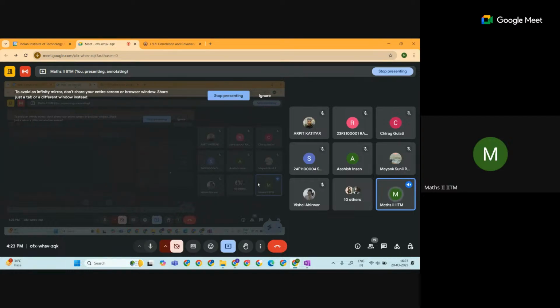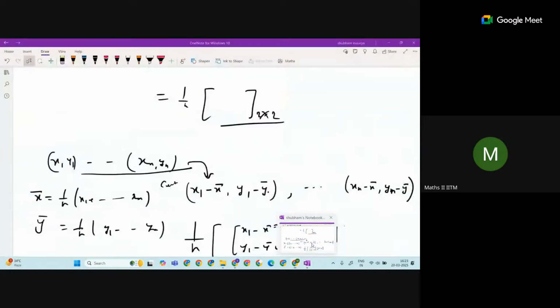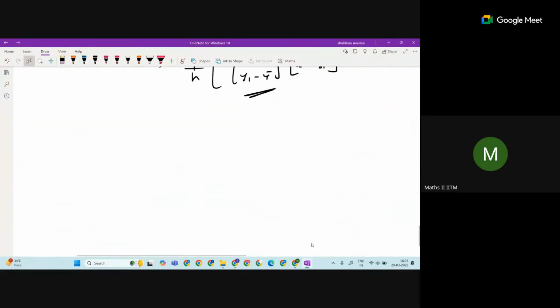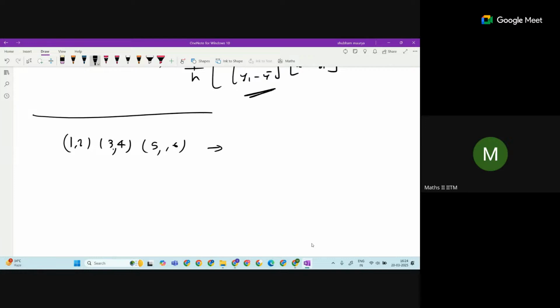One question I am leaving for you. This is the data, let's say 1, 2, 3, 4, 5, 6. All of you try it. Find the covariance matrix and let me know what it is.